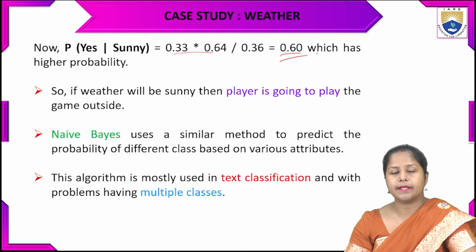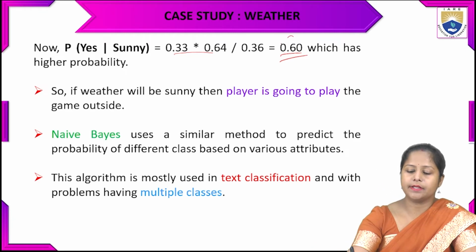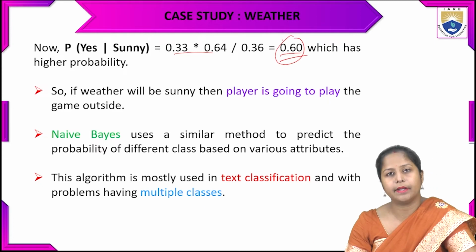That is the higher probability. Here we have taken S given sunny. Like this we have to calculate for S given overcast and S given rain, and from those we will get lower probabilities. So 0.6 has the higher probability than overcast and rain.